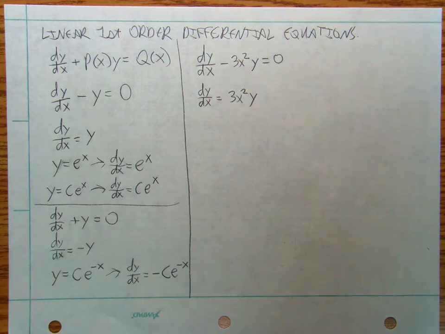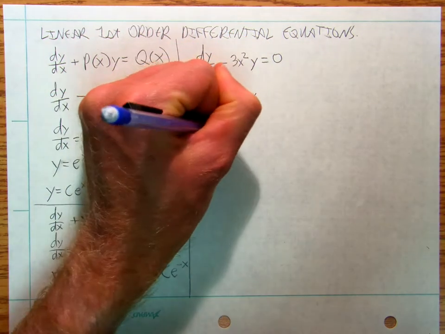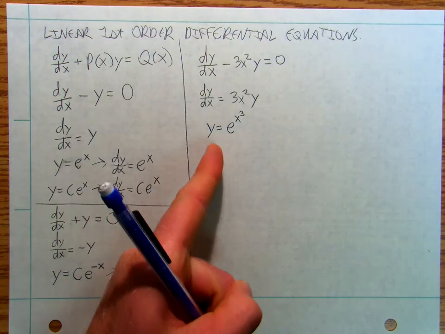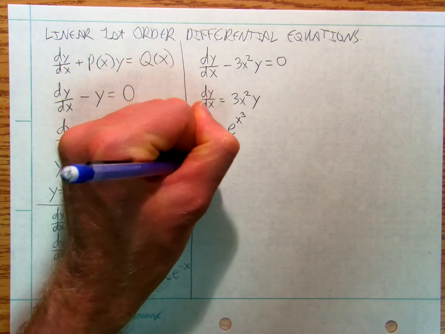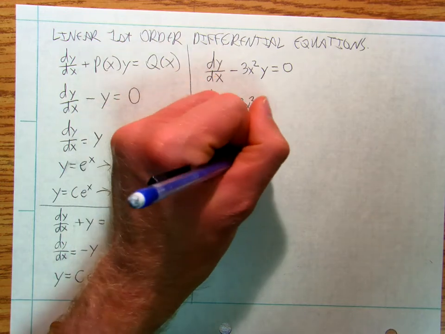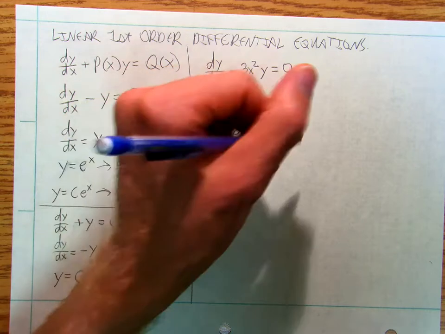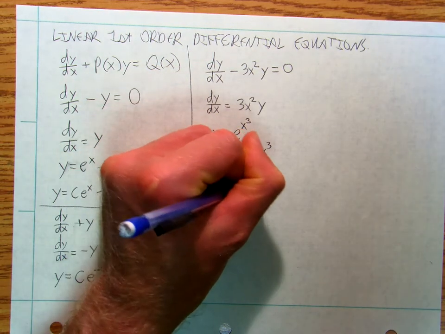Some of you are going to be able to go, ah, that's y equals e to the x cubed, because that's a chain rule problem. So then I say dy/dx is equal to 3x squared times e to the x cubed. And so actually in general, it should be y equals c e to the x cubed.